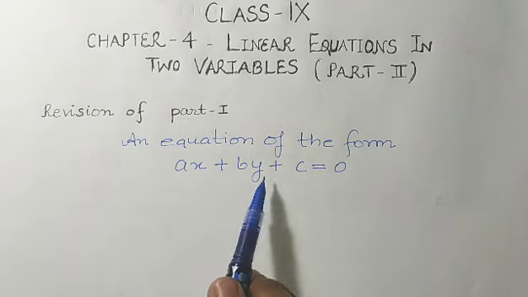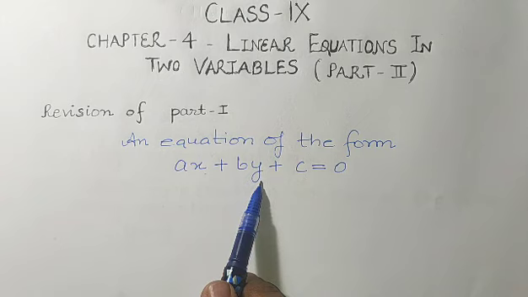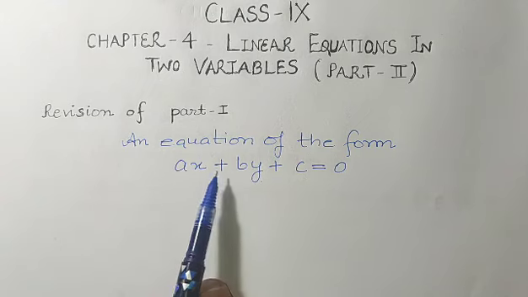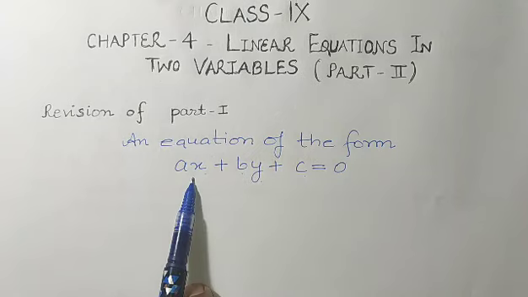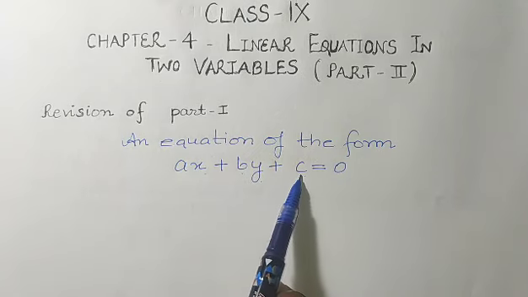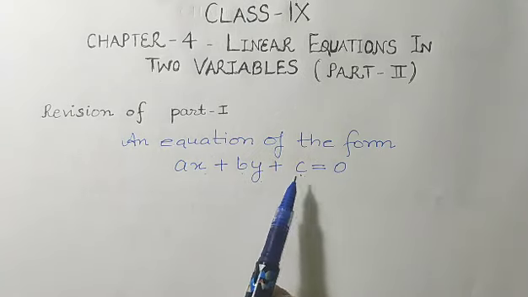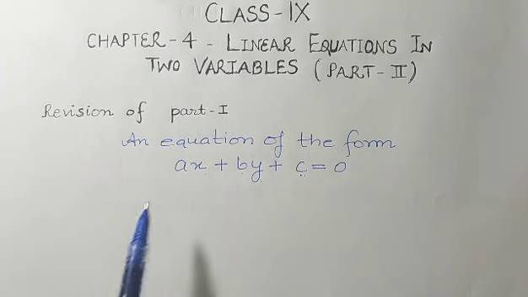Here x and y are variables, a and b are the coefficients of x and y, and c is the constant term. These a, b, c should be real numbers.